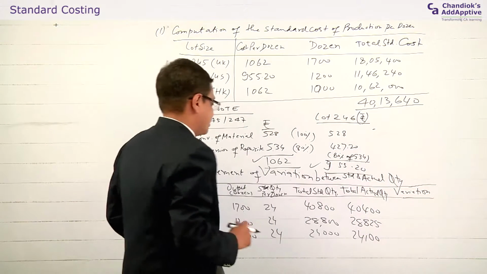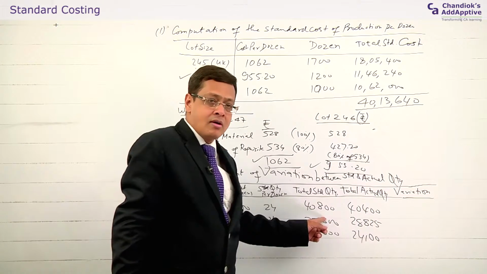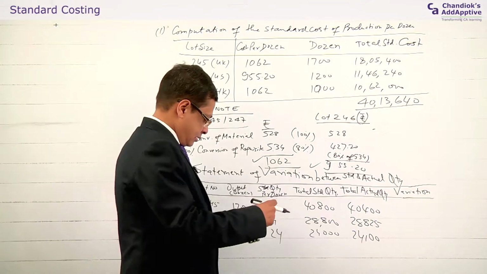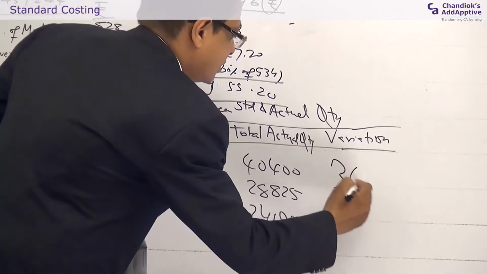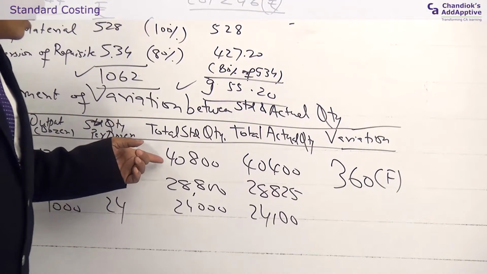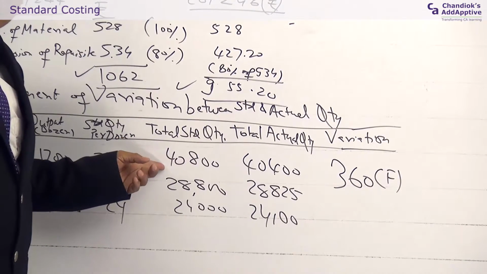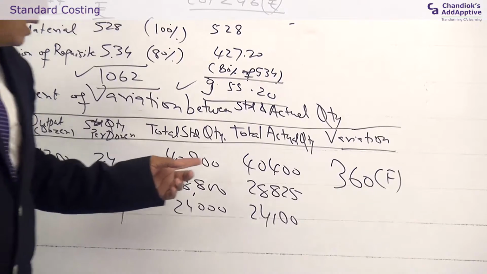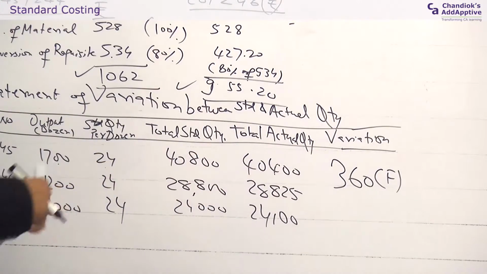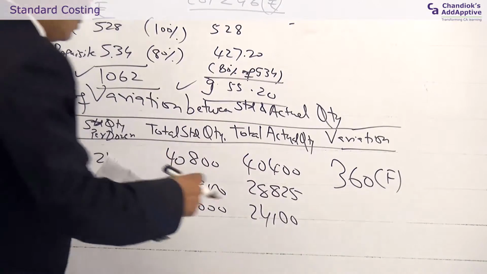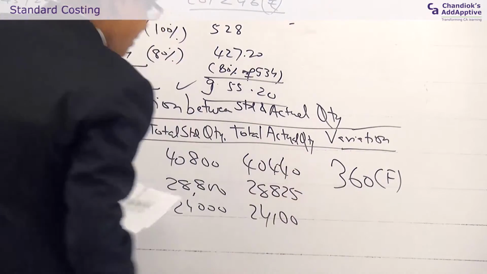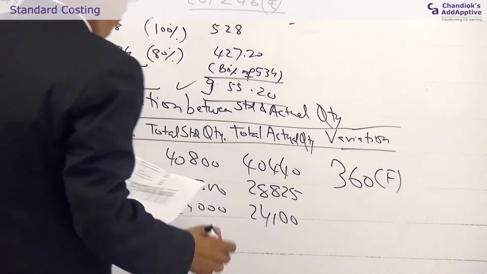Now, what is the variation? Variation is the difference between total standard quantity and actual quantity. So, you have to subtract and get the value 360 favorable. Why favorable? Because you were required to do 40,800 on a standard basis and you have used less resource, 40,400. Therefore, you have done a saving. So, the saving is coming like 360.